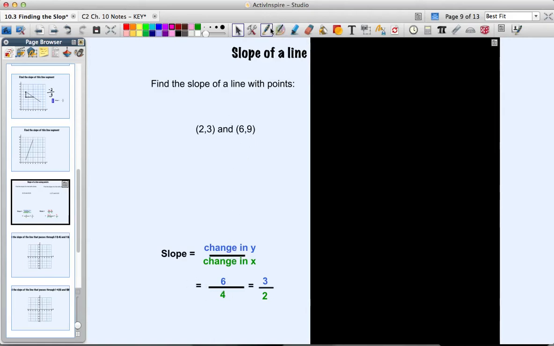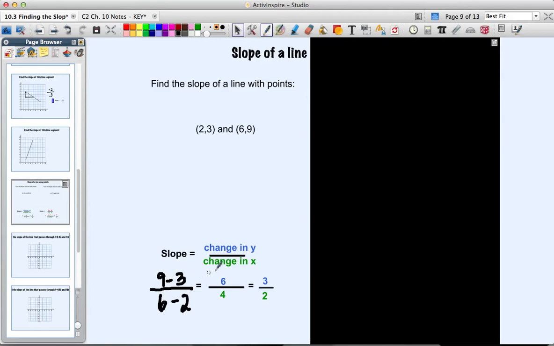So the change in y would be 9 minus 3, and the change in x would be 6 minus 2. You always do your second one first, and your first one second.